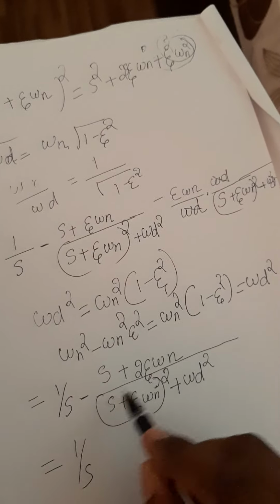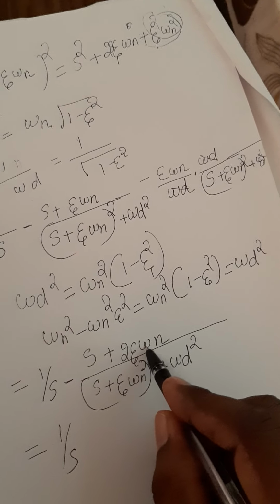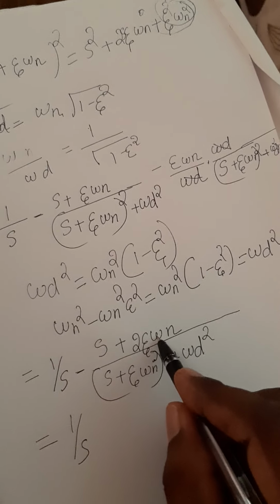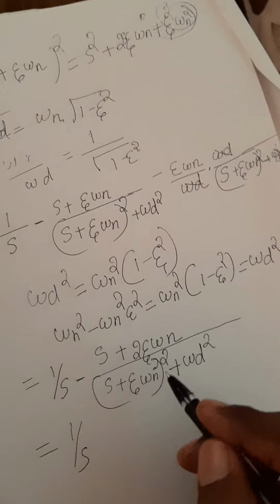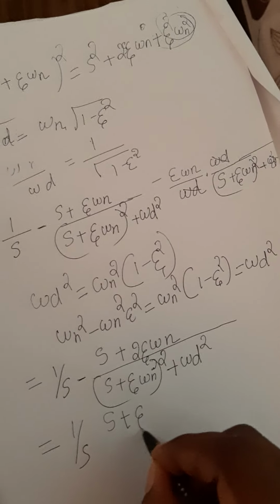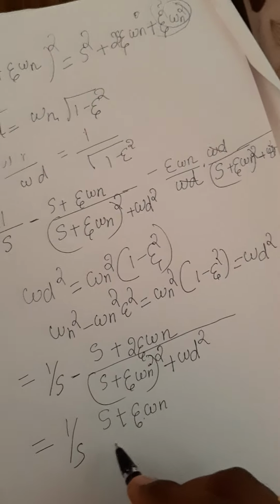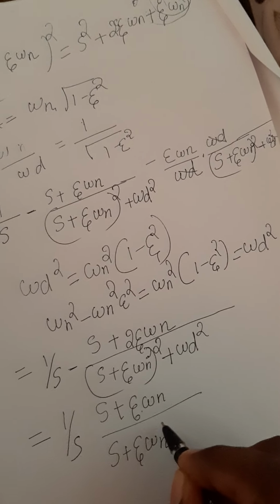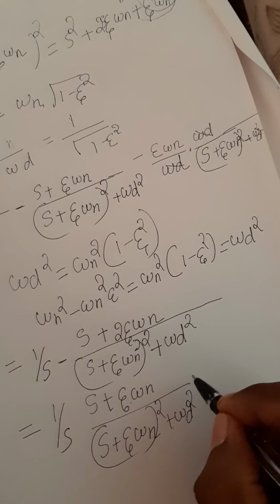Then s plus 2 psi omega n is there, which they have written as s plus psi omega n plus one more psi omega n, divided by (s plus psi omega n) all square plus omega d square.